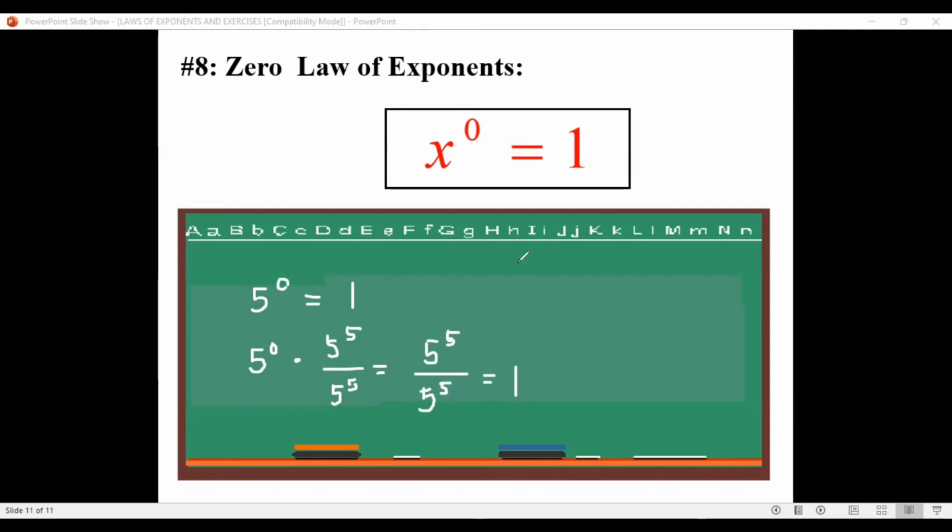Even if you have a very long expression, let's say 7xy, and you are adding that to 2x or 2z or any number, but this is raised to a 0 power, the answer is just 1. So those are the different laws of exponents.